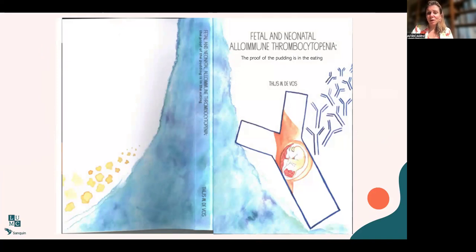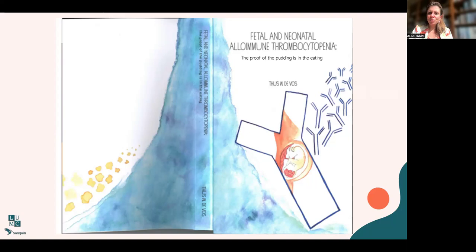And we are happy that our Dutch Health Council is looking into this now. But we have to learn a lot when we are doing the screening. And that's why Thijs de Vos called his PhD, "The proof of the pudding is in the eating," because we are unaware of many aspects before we really start screening.